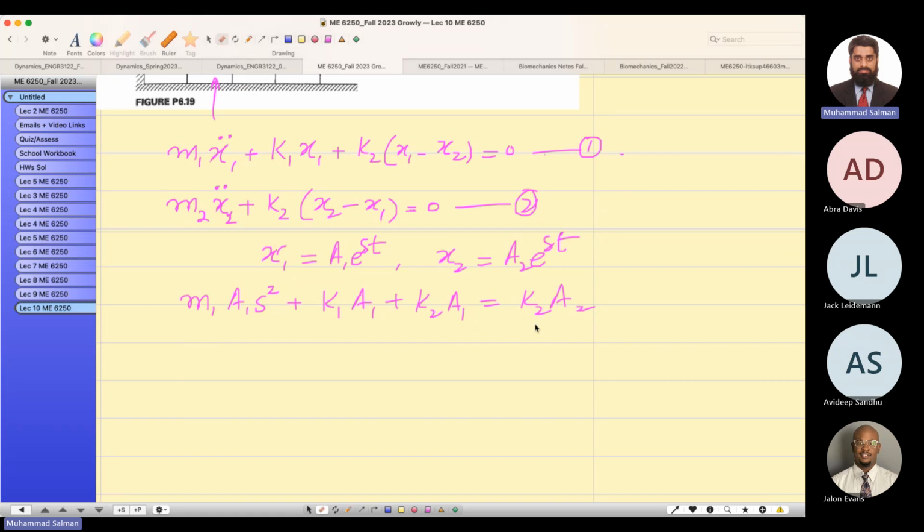Let's write it down on the left hand side for the time being, because I will show you the matrix form. You need to have the matrix form for finding the two resonance frequencies. And for the second equation, I'm going to do this: M2 A2 s squared plus K2 A2 minus K2 A1.